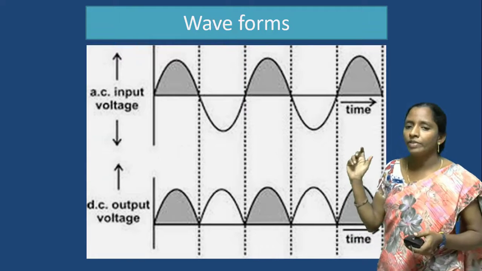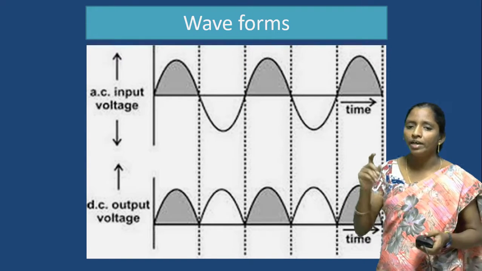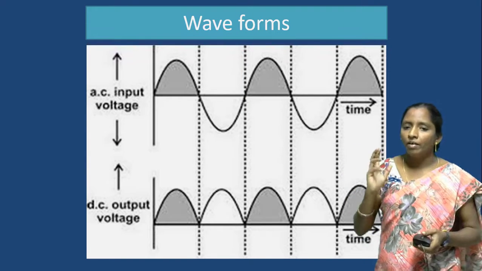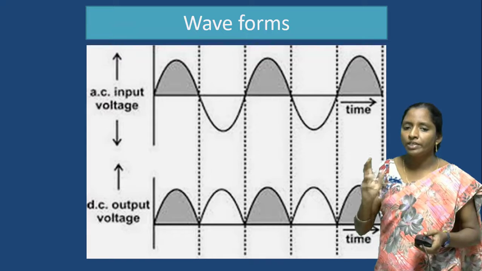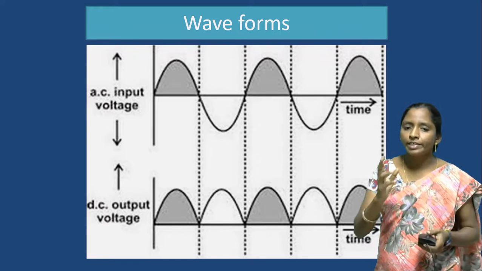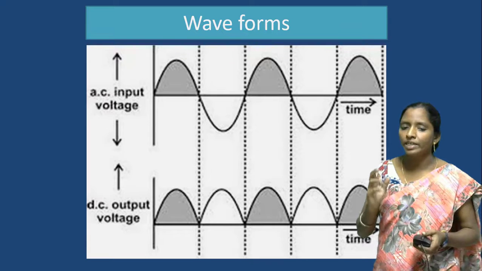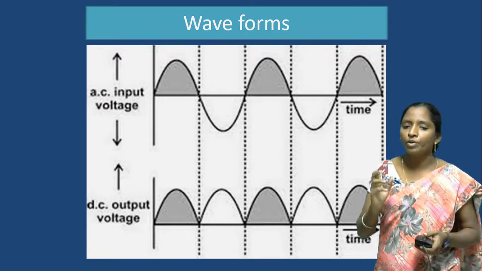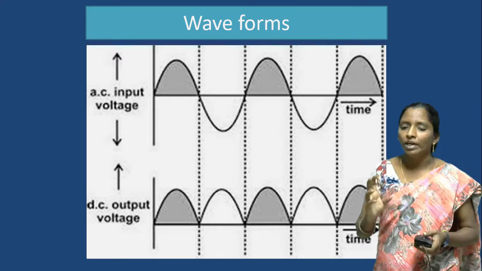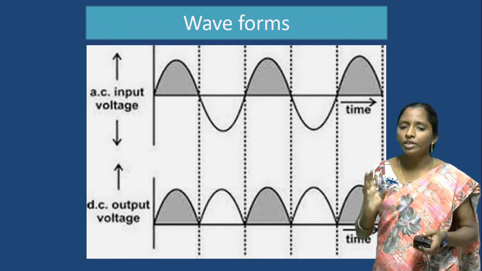These are the waveforms of the half wave rectifier. The first one is the AC input voltage waveform, and the second one is the DC output voltage. Here we are getting output during the positive half cycle only. During the negative half cycle, the output is 0.